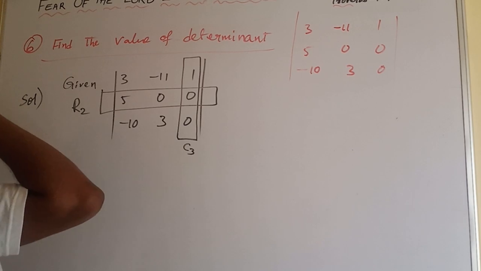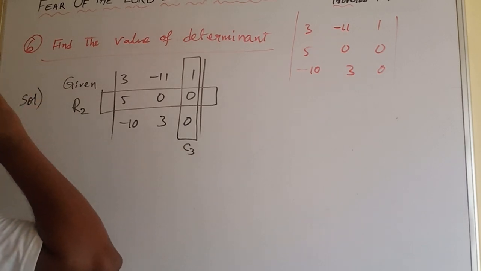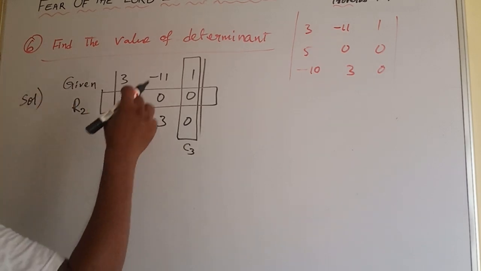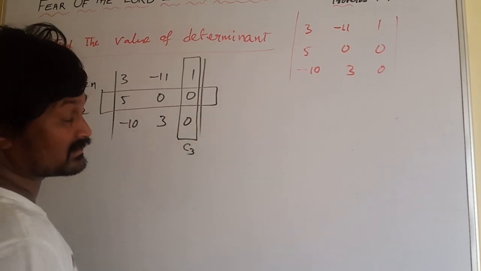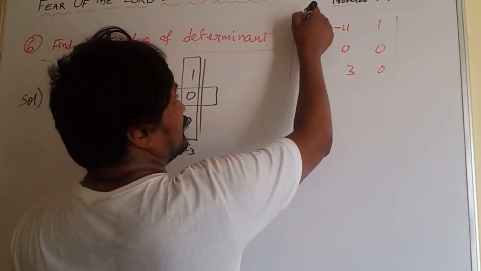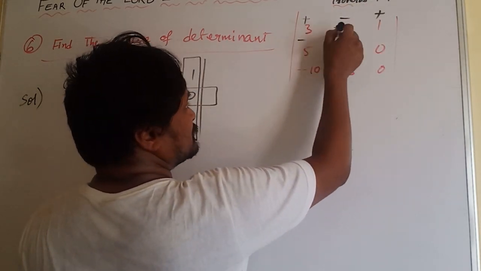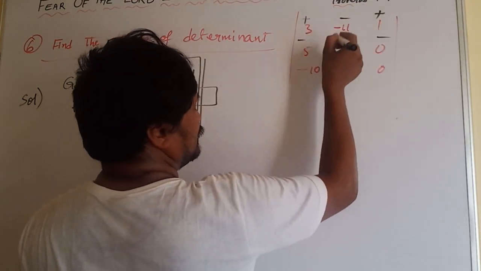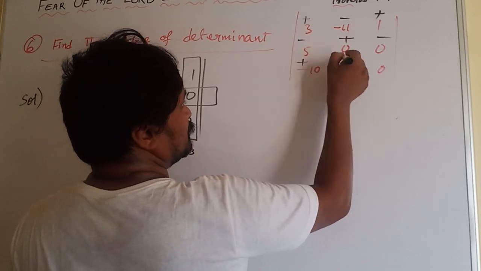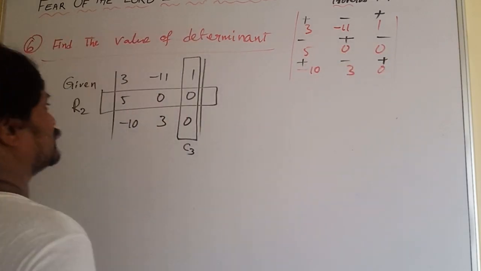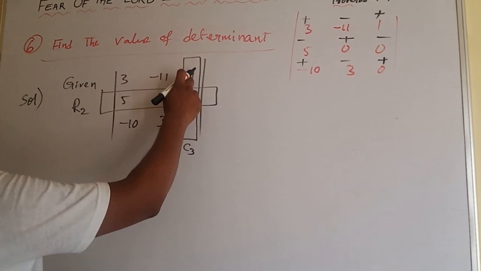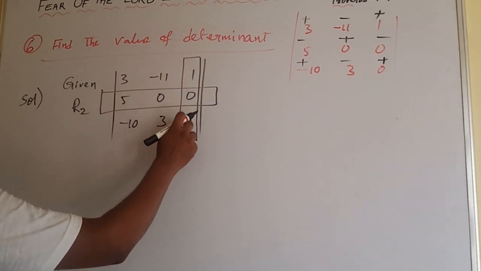Now according to the formulas, do you remember the symbols I told you? First: plus minus plus, minus plus minus, plus minus plus. Now if I take this, the first symbol is plus, next minus, next plus.